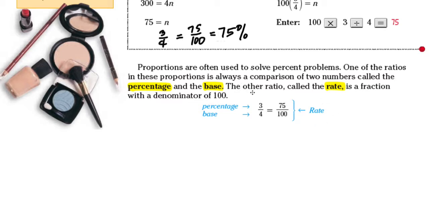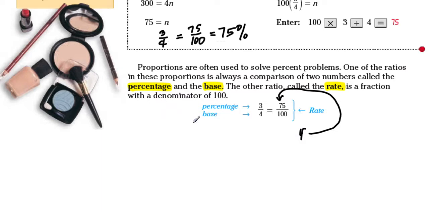We can also represent our rate with a lowercase r, which takes the place of 75.